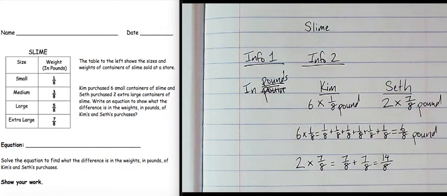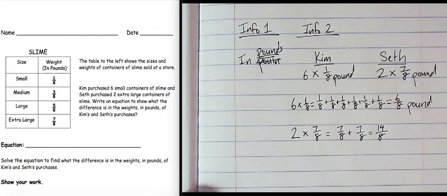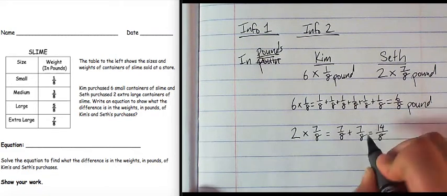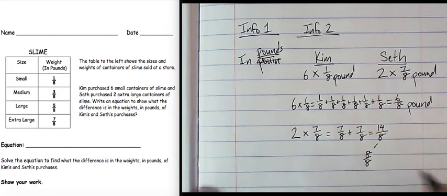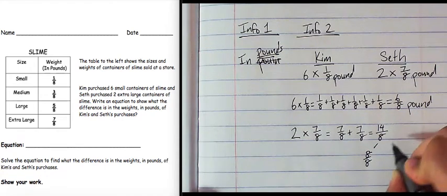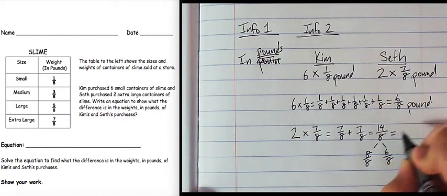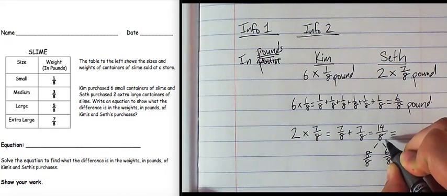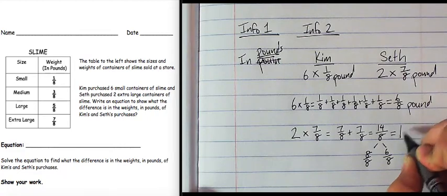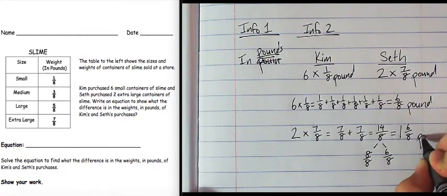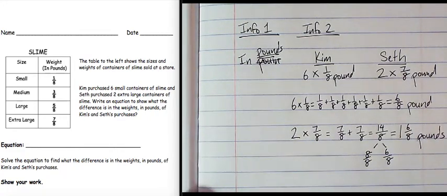I know that 14/8 is greater than 1, and I know that because 8/8 is 1, leaving me with 6 more eighths, because 8 plus 6 is 14. So Seth has 14/8 pounds, also known as 1 6/8 pounds of slime. So there's our info 2.